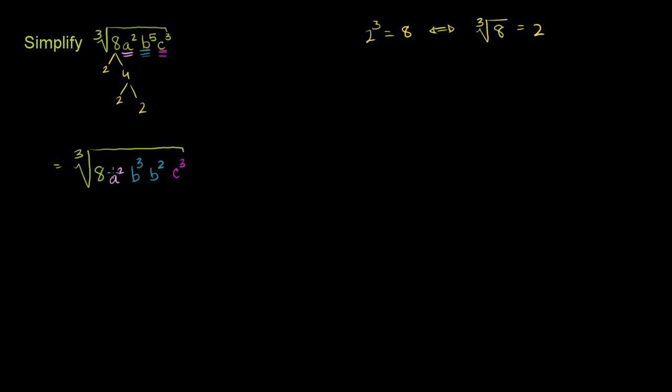And so we can rewrite this expression here, just reordering things a little bit. This is the same thing as the cube root of 8, that's the first term right there, times the cube root of b cubed, times the cube root of c cubed.